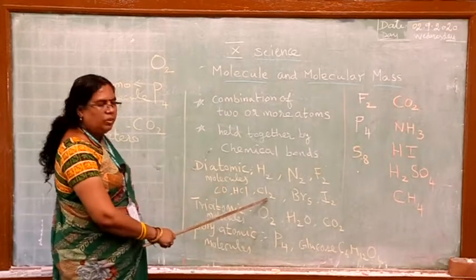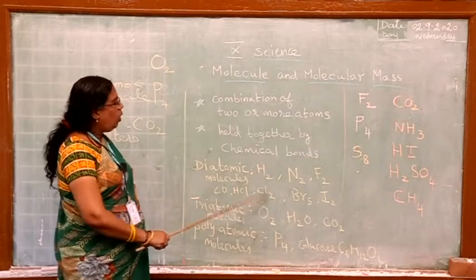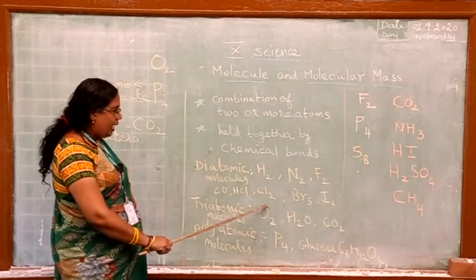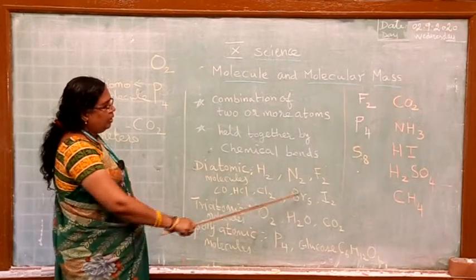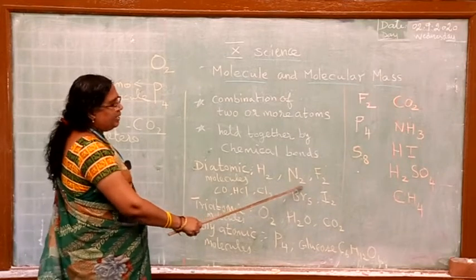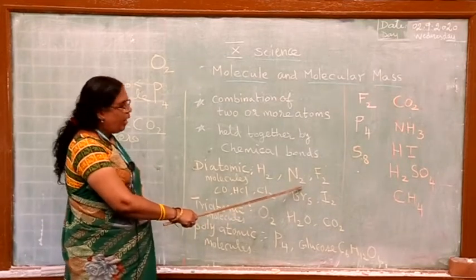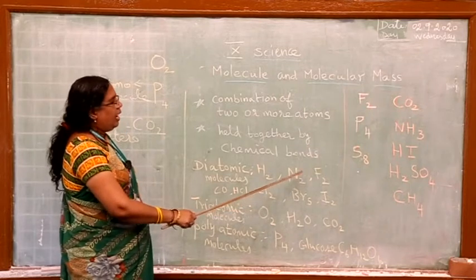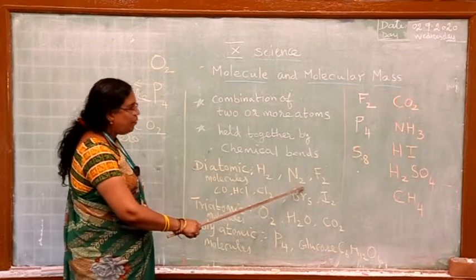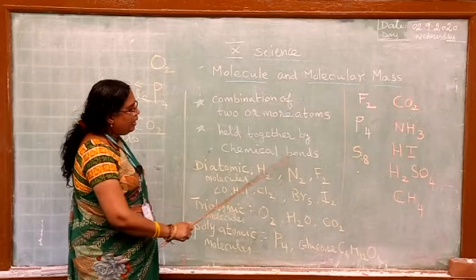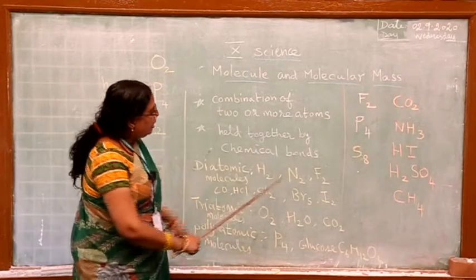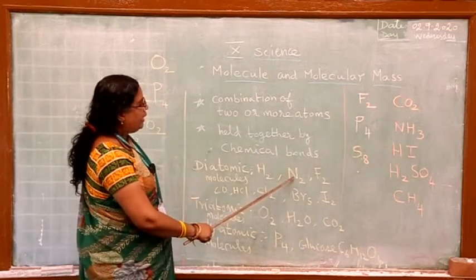Take Cl2. Cl2 is also a homo diatomic molecule. N2, nitrogen, contains 2 nitrogen atoms, that means atoms of similar element. So it is called a homo diatomic molecule.